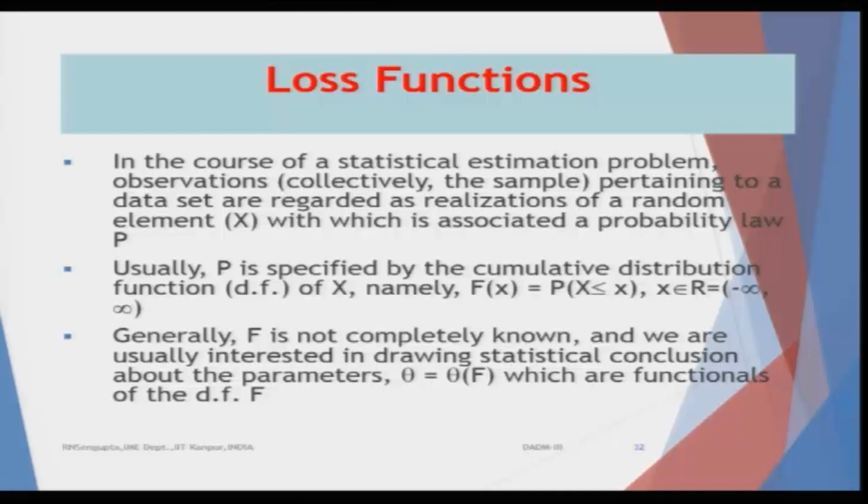So, generally F is not completely known, and we are interested in drawing statistical conclusions based on some studies and based on some particular test. You want to draw some statistical conclusions about the parameter theta, which is basically a functional form of capital F, and based on the value of theta we will be able to predict or find out the functional form of capital F as close as possible to reality.